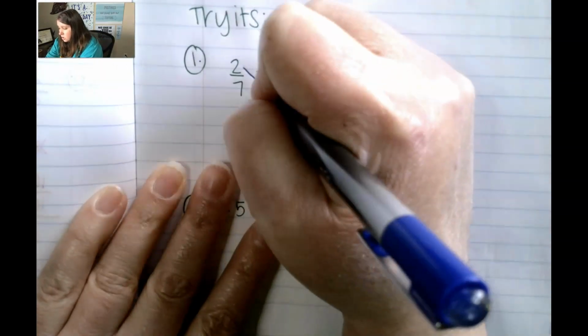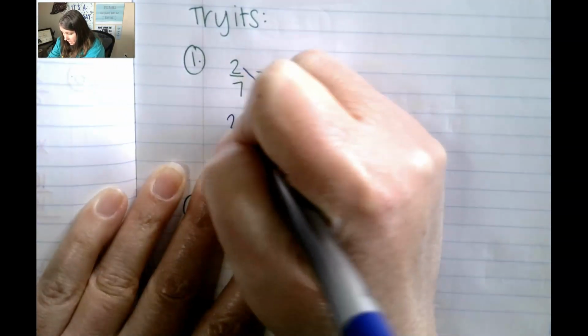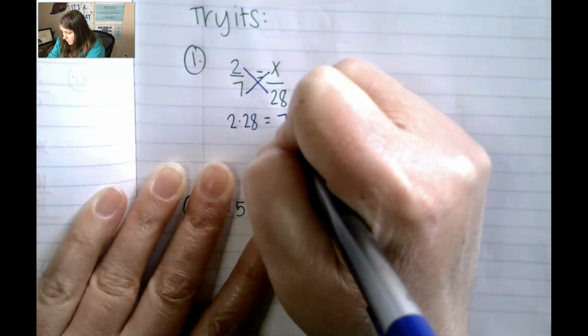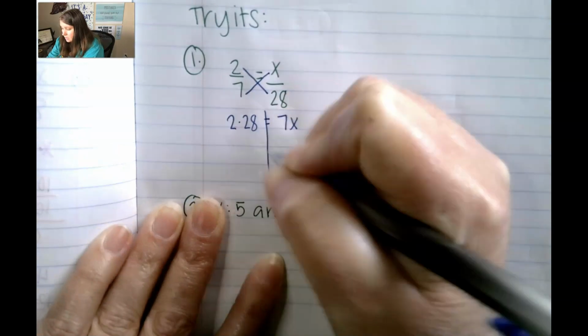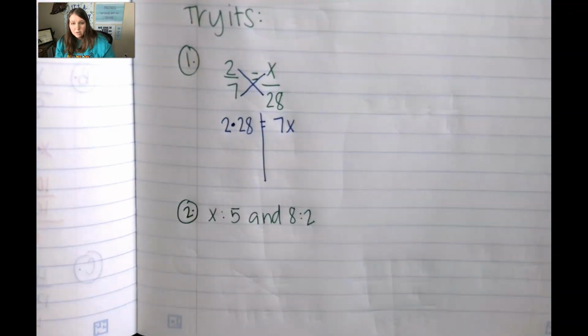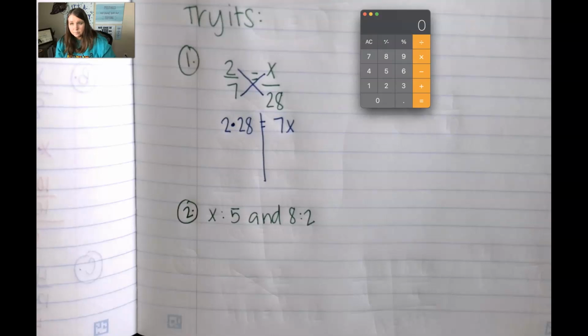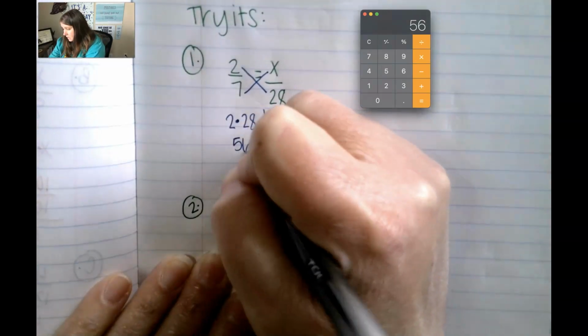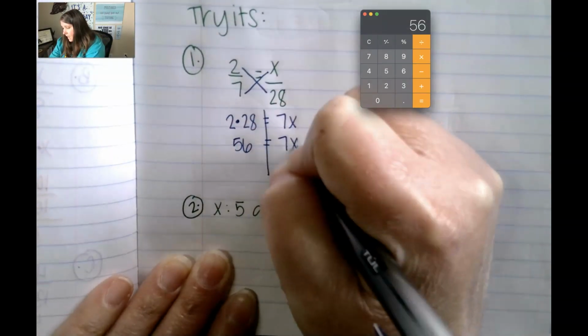All right, so 2 times 28 is the first side, and that's equal to 7x. 2 times 28, let's go ahead and pull out our handy dandy calculator. That's going to give us 56, and 56 equals 7x.